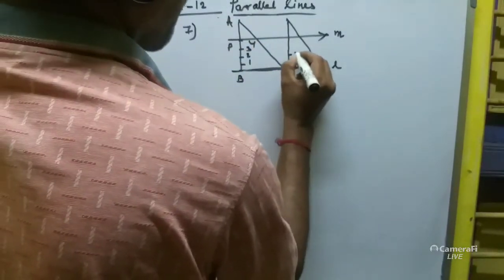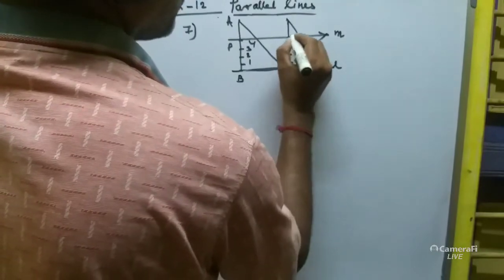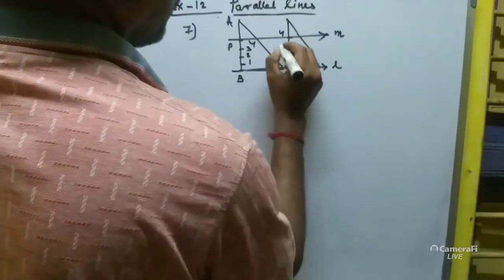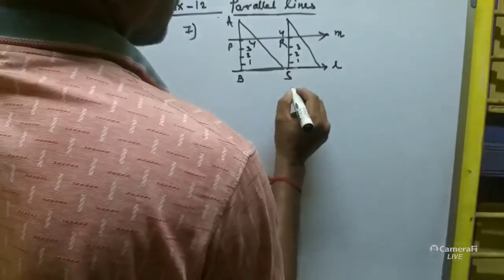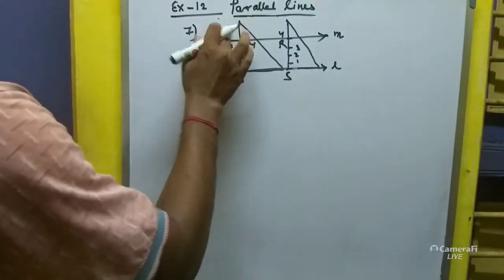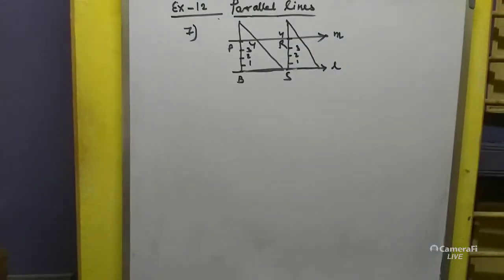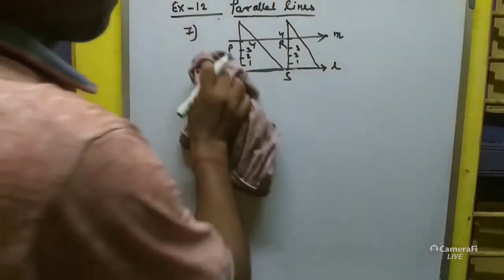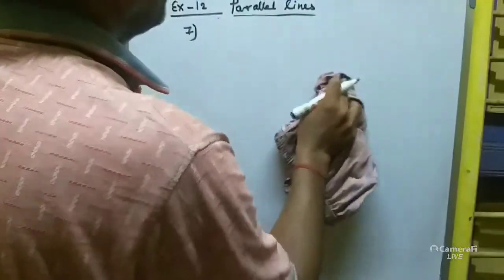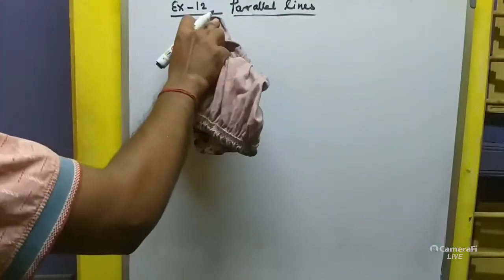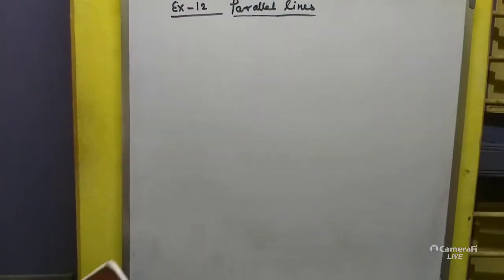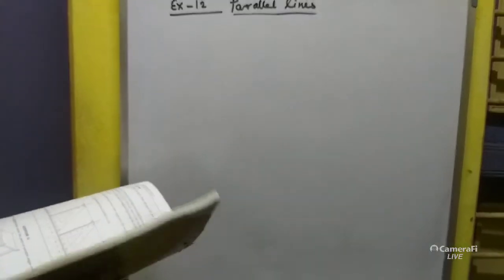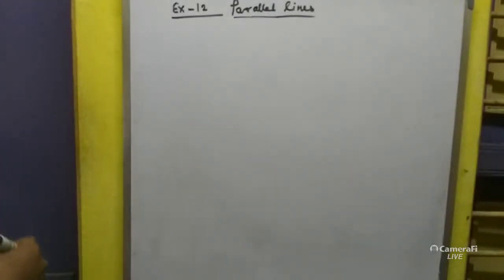Also from this one you can find out. Suppose this one is RS. So this is the process. If they are parallel, then you see that the distance between them at all the places along the lines is equal.